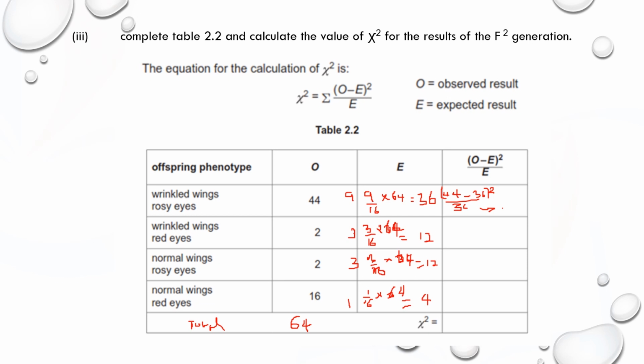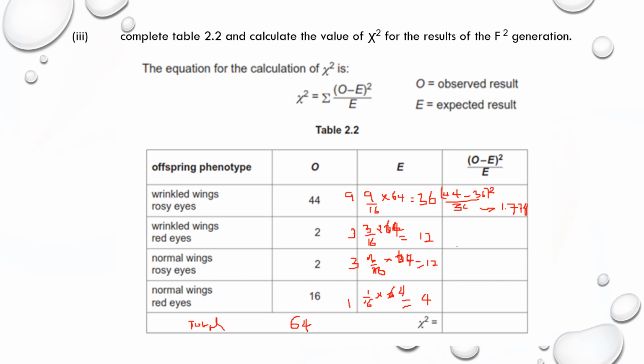It will give you 1.7777, so you can put 1.778 here.